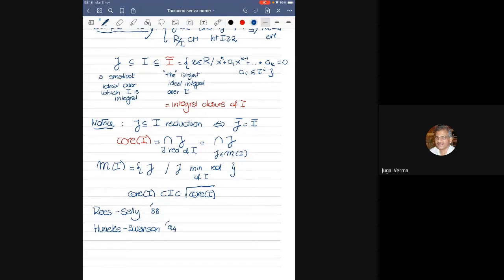And then the next name I should put is, of course, myself and Ulrich, because we did a systematic study of the core in several papers where we put the foundation.